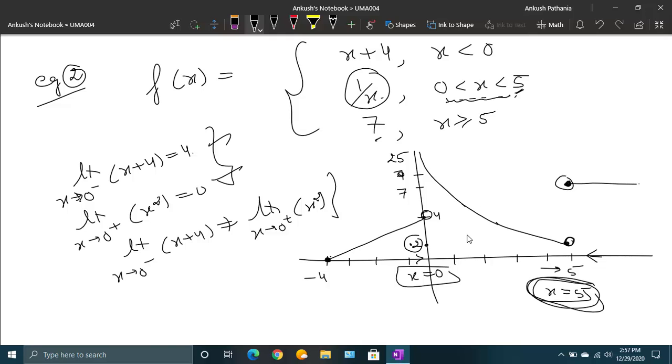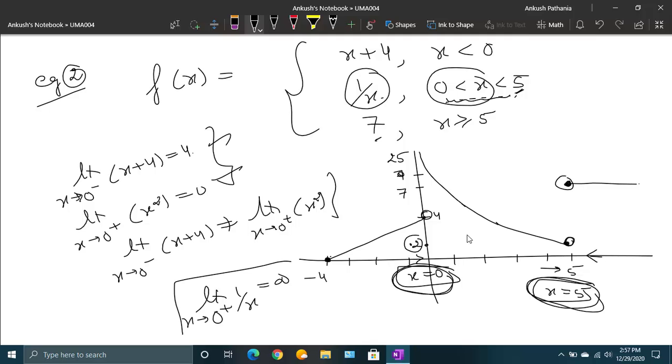However, when we are talking about x equals 0, you have the limit as x tends to 0 positive, when you approach this function from the right hand side, because you have this function when x is greater than 0. Then this is infinity. You have an infinite discontinuity.